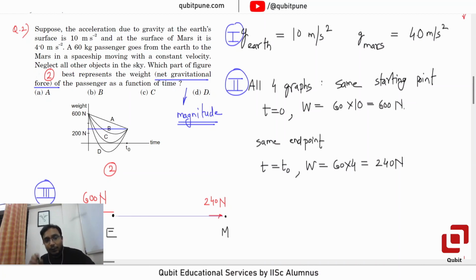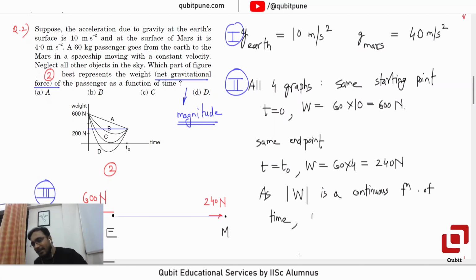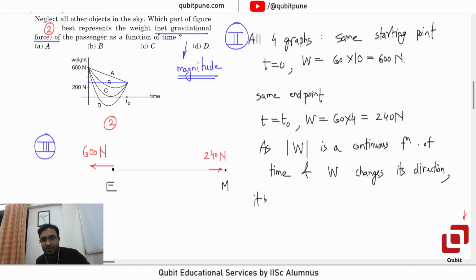So in the third part, we're going to argue like this. As the magnitude of the weight is a continuous function of time, let's not get into complications, and W changes its direction, it must become zero somewhere in between.